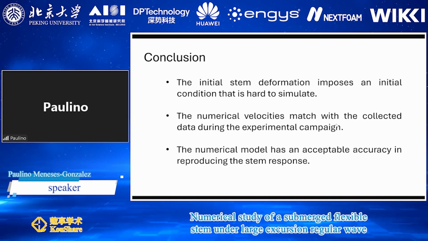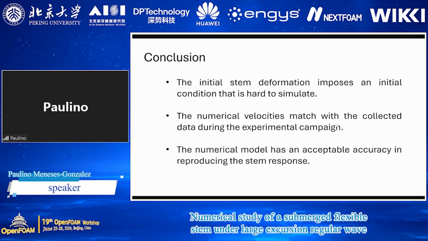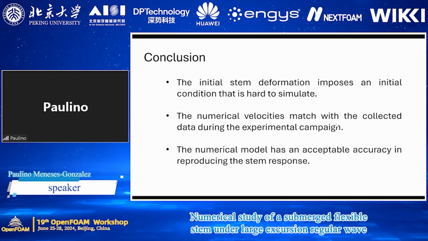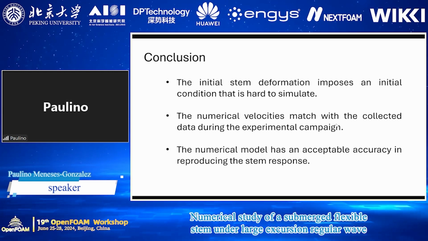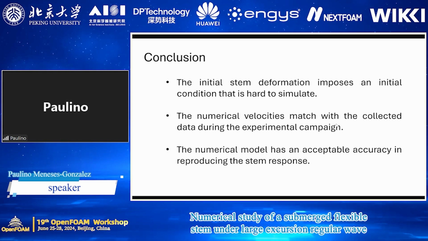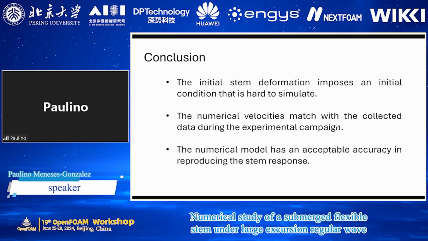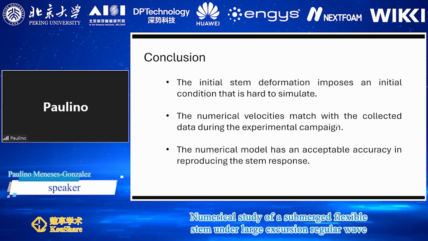In conclusion, the initial deformation of the steam imposes an initial condition that is hard so far to simulate, but I'm still working on it. The numerical velocity matches the data collected during the experimental campaign, talking about the trend, the phase, the values. I mean, they are in the same order.